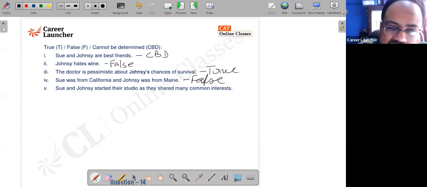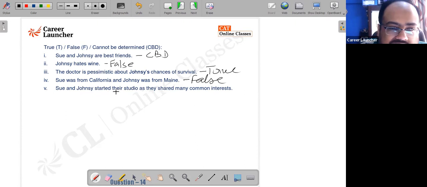But nonetheless, it's a very close call over here. So even those of you who marked cannot be determined, I would say that's okay, because it was very close. But if I had to mark an answer, I would have marked this false based on the third paragraph, not on the first paragraph. But otherwise, even those of you who marked cannot be determined, fair enough, because that is what the first paragraph told us.